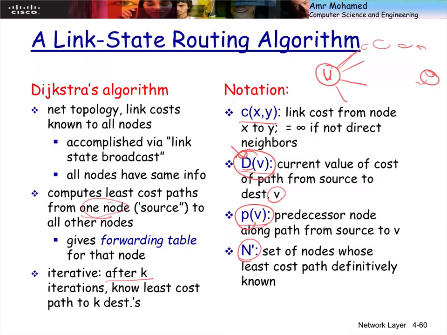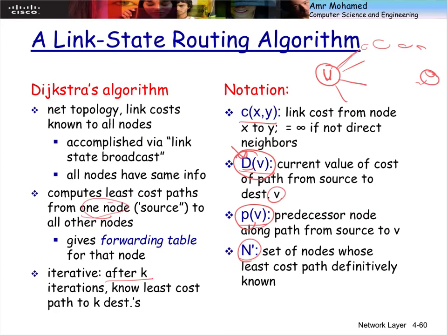Finally, we have what we call N dash. N dash is the nodes that are part of the shortest path tree that we are trying to construct. Okay? And in every iteration, we add one node to N dash. So we start N dash with only the source node. So by default, N dash starts with the source node.